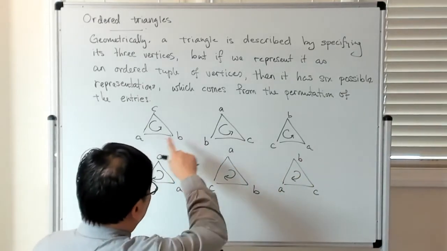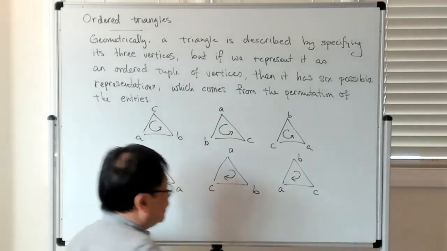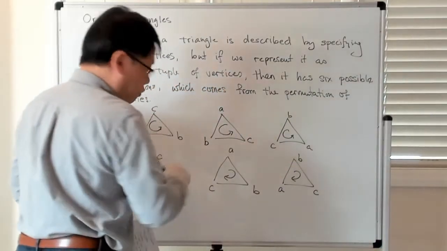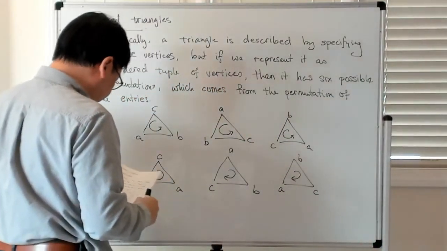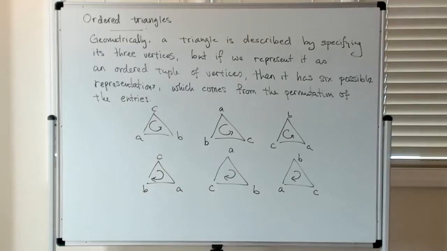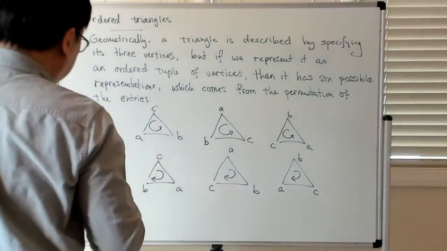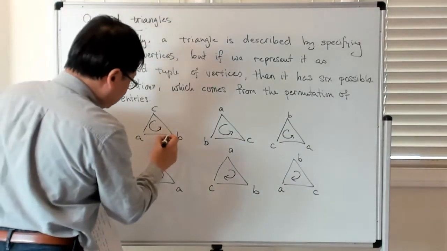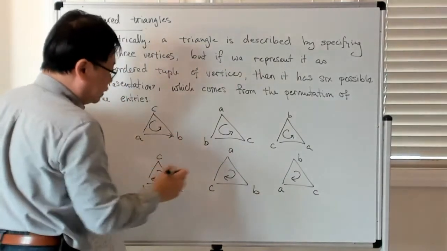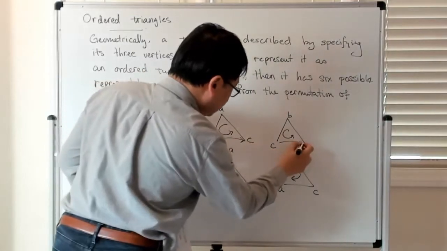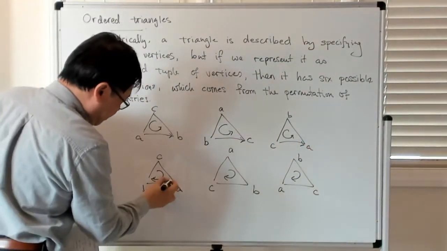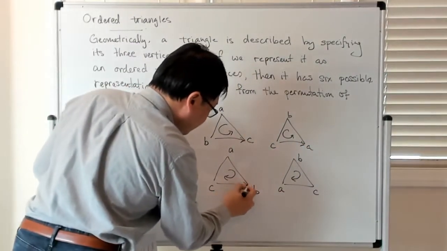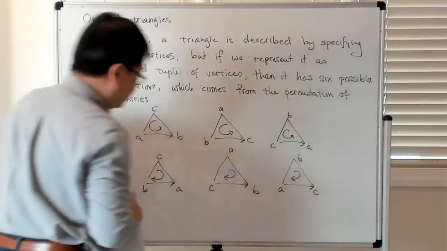Okay, so now we want to think about how you can go between all these possible representations. What we're going to do in addition is label one of these edges as distinguished, having an orientation. So I'll just do that for the bottom edge in all these cases, and all of them are oriented this way.